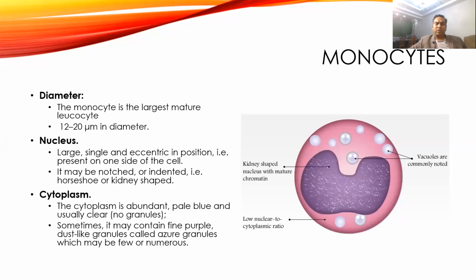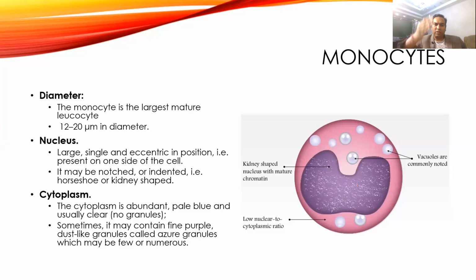Then come to the monocytes. It is one of the largest cells we can find in the blood. It ranges from 12 to 20 microns in diameter, and it contains a single-lobed nucleus, usually kidney shaped or horseshoe shaped. This is like you are seeing a side view.